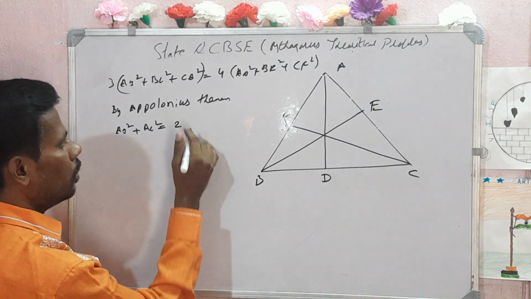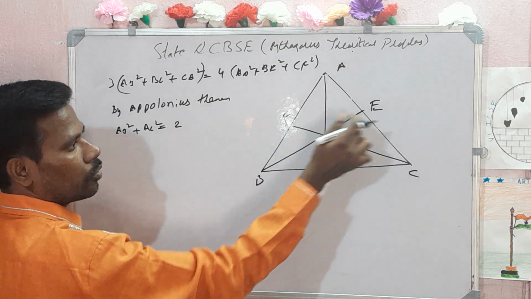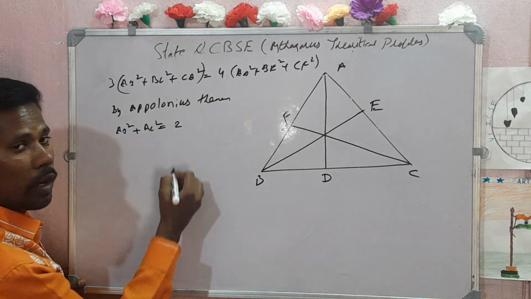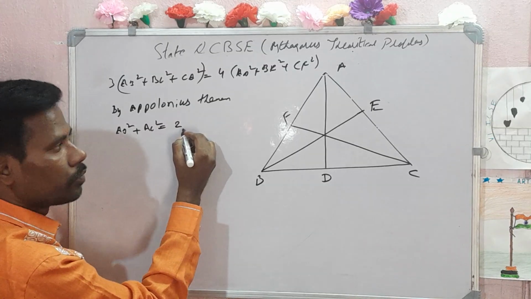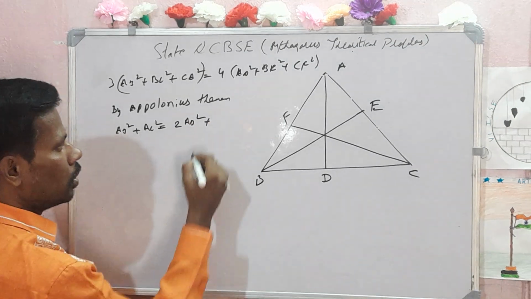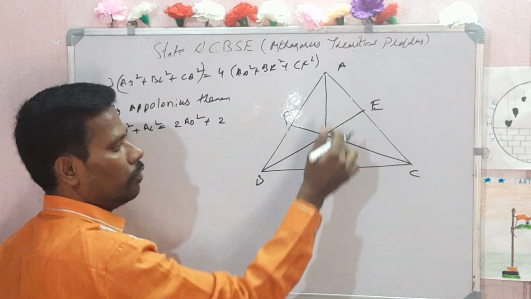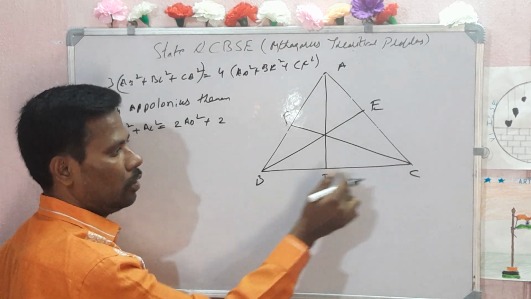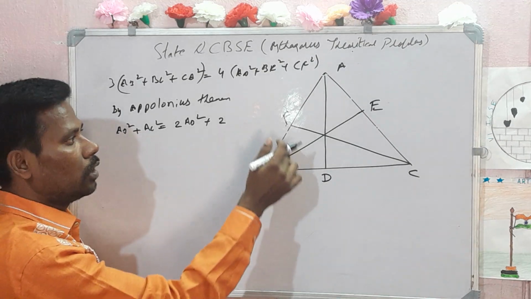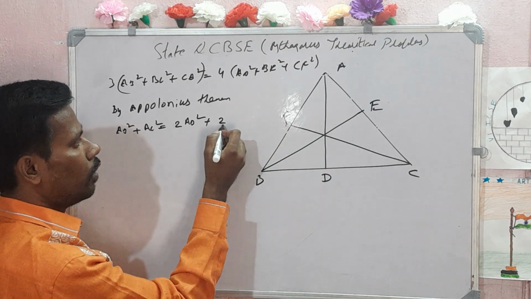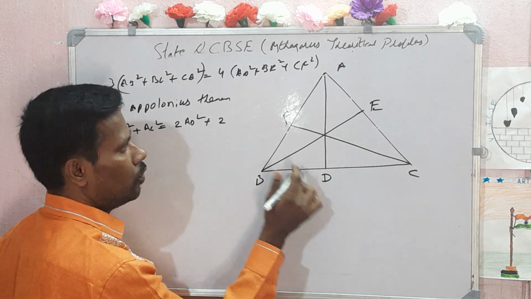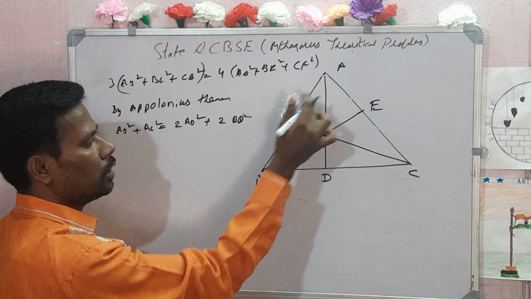Twice the square of the median plus twice the square of half the side of the base. Half the side of the base means BD, which bisects the base.